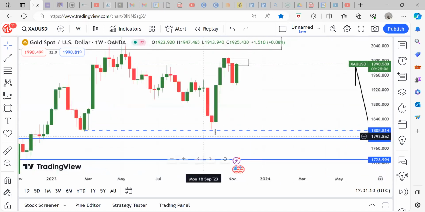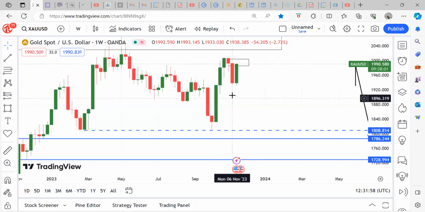And look at what followed. Big bullish candle, big bullish candle, big bullish candle. Now, what actually caused all this bullish rally? We have what we call a financial crisis, or let me not say economic crisis. A few weeks ago, we knew that there was a clash between Israel and Hamas. And when there is an economic crisis like this, investors will take their money from every other asset and put it in a safe haven.